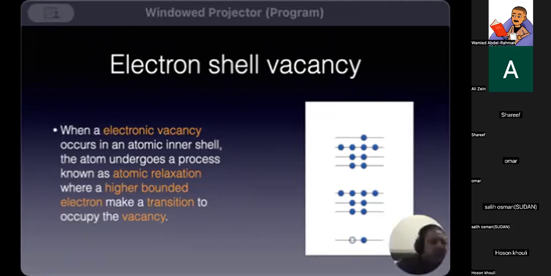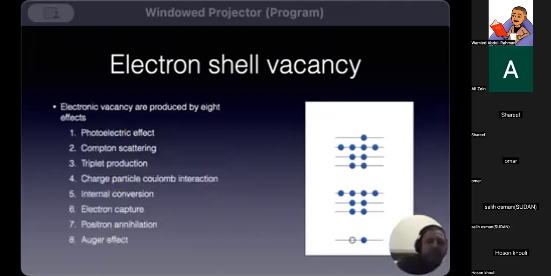In nature, electrons always want to be at the lower binding energy. This is what we call a transition, when an electron from a higher orbital shell undergoes a transition to fill a vacancy in an inner shell.